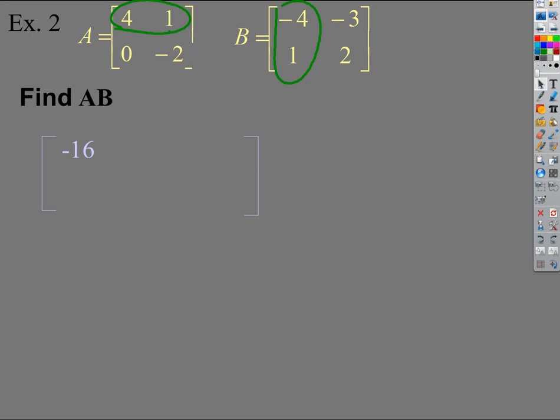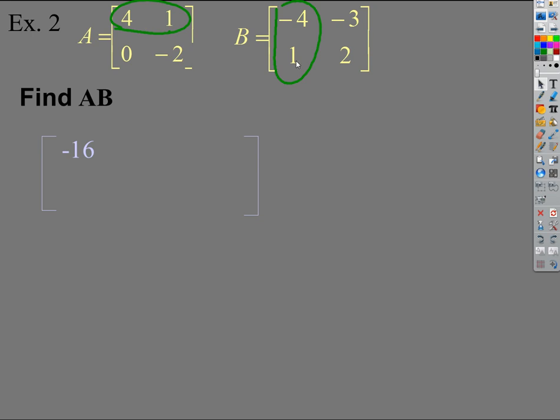But now we've got a row that has more than one part to it. It's got two elements. So the first row of the first matrix has two elements, and the first column of the second matrix has two elements. And so how do I multiply that collection of two numbers times that collection of two numbers?